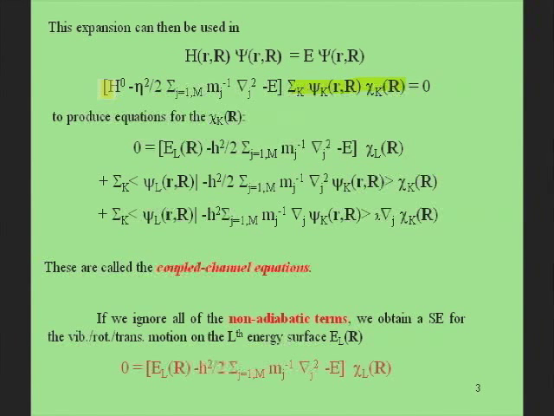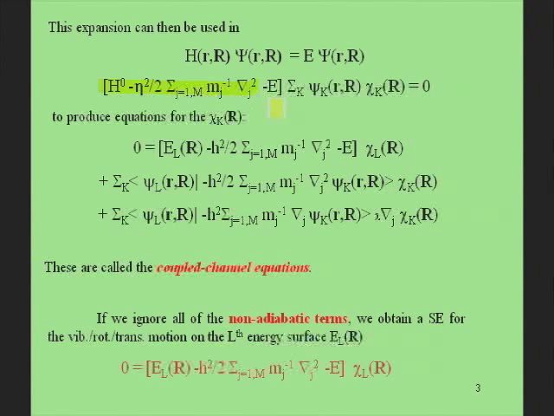What I'm trying to do here is essentially to use the information I have in these little psi k's and little psi l's to get some equation for the coefficients chi. So let me run through what I do there. Here's the H0, and I've added in the kinetic energy operator for the nuclei, and I've pulled the minus E over to the left-hand side of the equation.